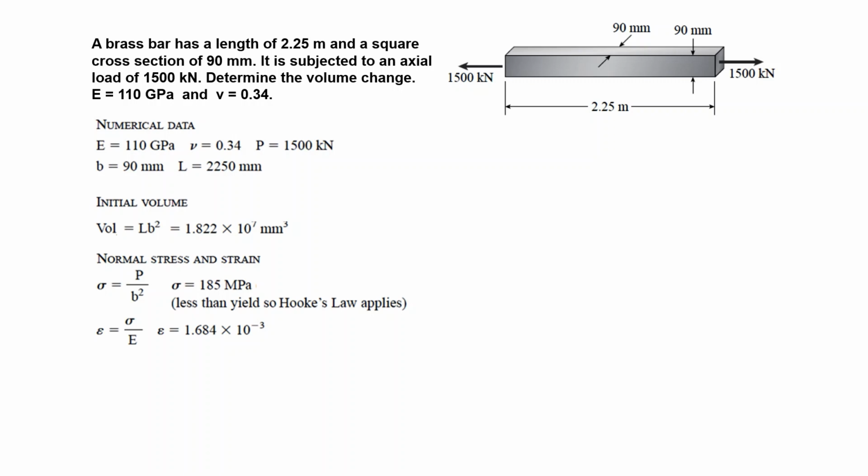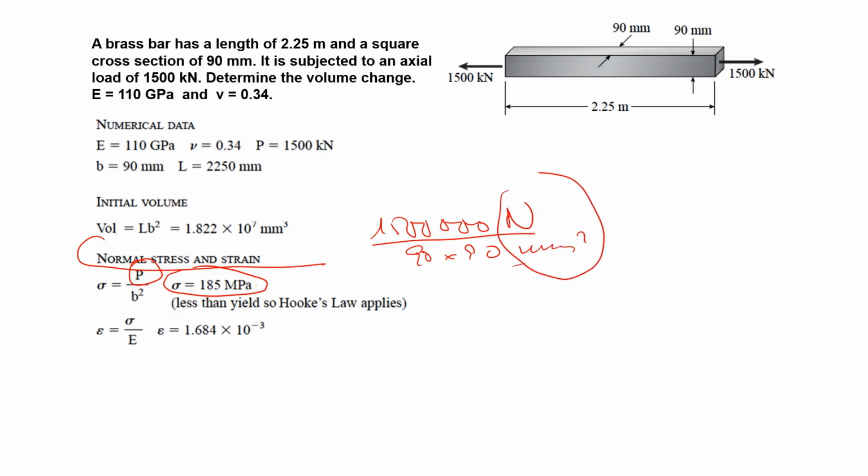Now calculate the stress and strain. Force is in newtons, that's 1500 kilonewtons, divided by square, 90 times 90 gives you 185 megapascals. Newton per square millimeters is a megapascal.